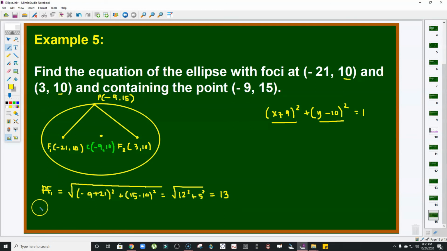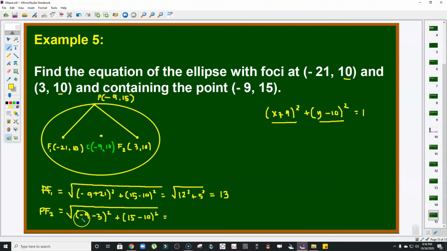See that? Okay, likewise, yung distance from point P to F2, tingnan natin. So, that is negative 9 minus 3 to be squared, plus 15 minus 10 to be squared.